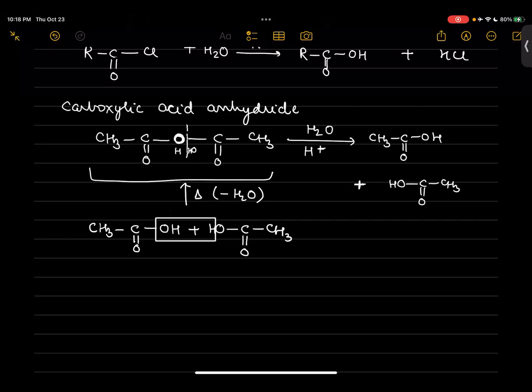What is the name of this anhydride? The name is none other than the name of the parent carboxylic acid. In the parent carboxylic acid, we put oic acid, got it?